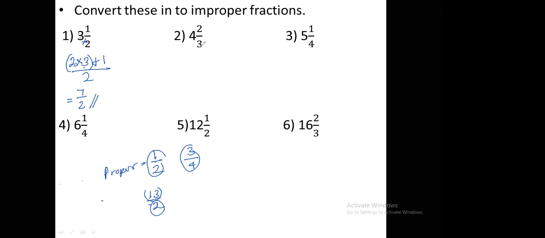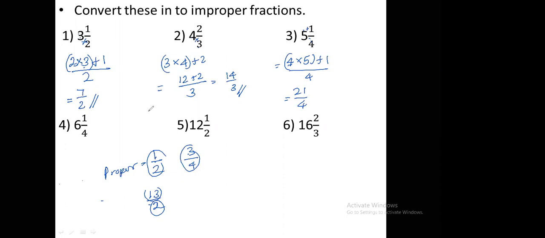Now look at this. 3 times 4, 12 plus 2 over 3, 14 over 3. This one, 4 into 5, for that add this one. 4 times 5, 20 plus 1, 21 over 4. Can you understand this, Sanuka? Yes, teacher. Then do the other 3 sums.